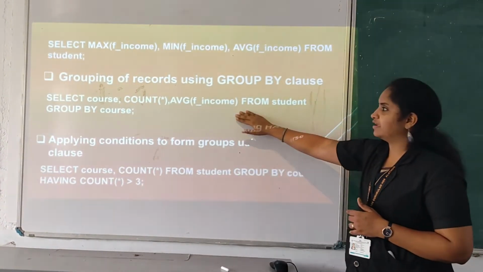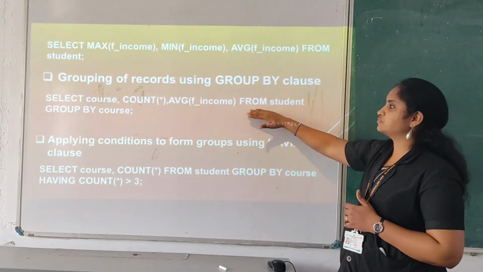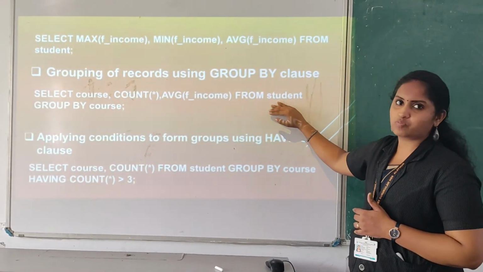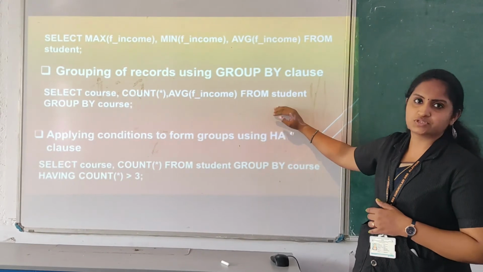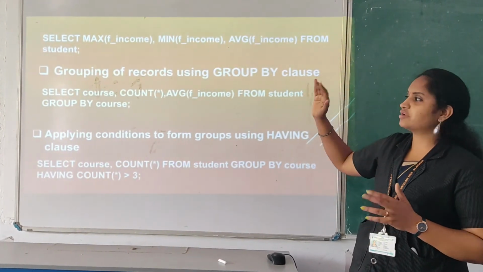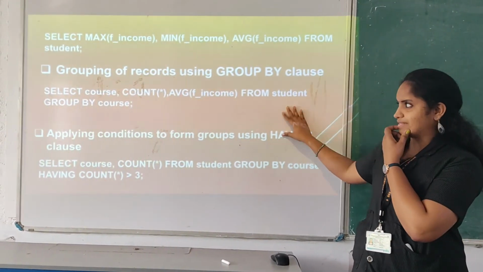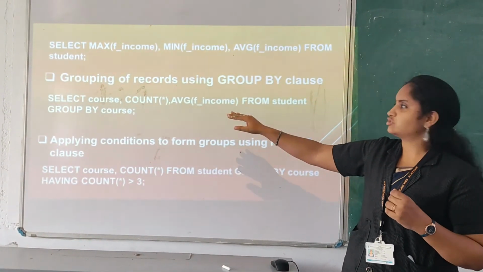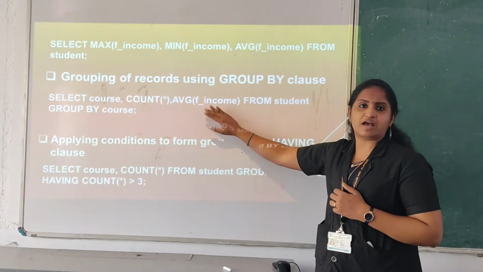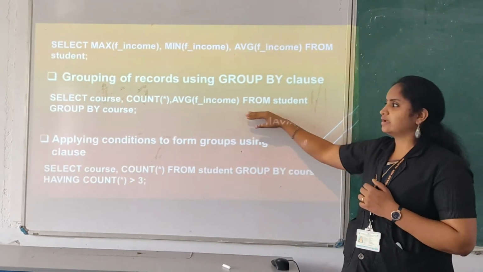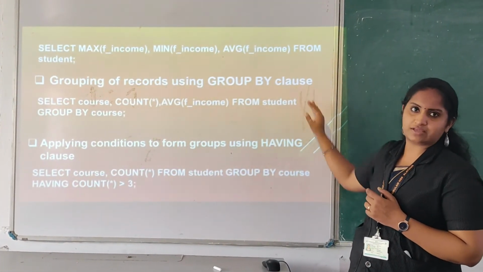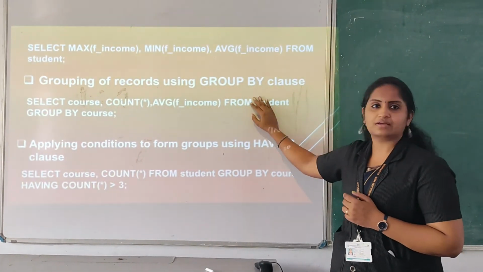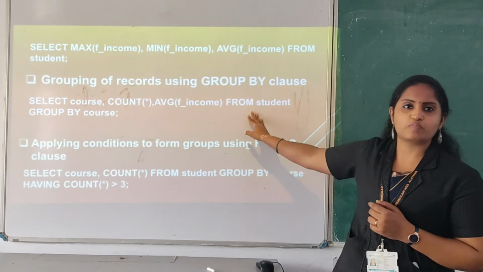And average family income from student table, and we group it as group by course. So according to the course you get the list of students' details, the average family income. In science it will calculate the average family income, in commerce it will calculate as well. Like this you will get the details using the group by clause.